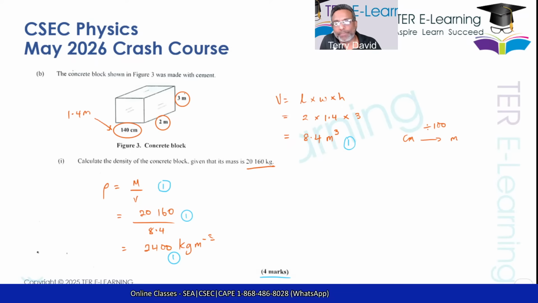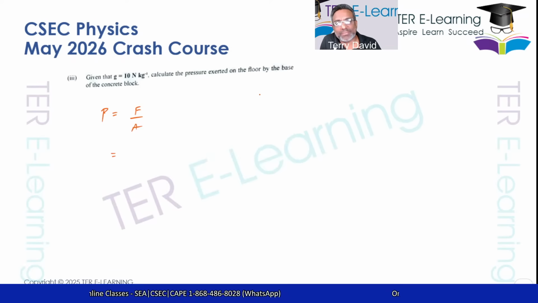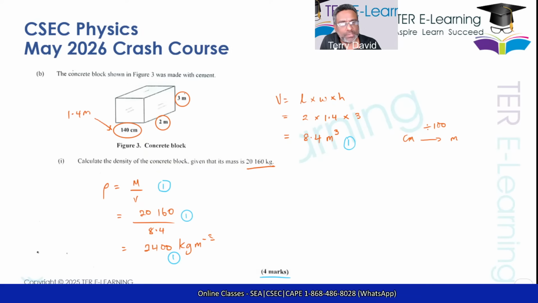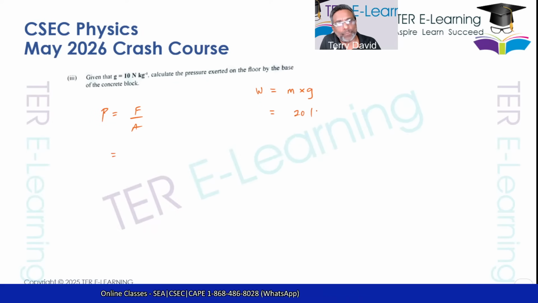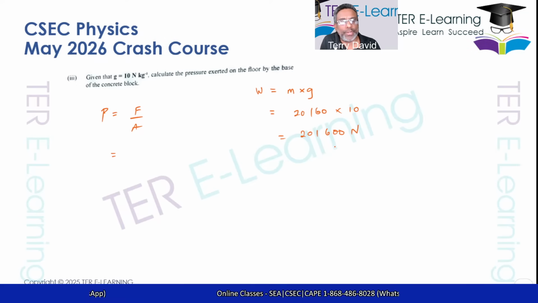If an object has mass, it is going to have a weight, which is given by mg. So we're just going to take the mass of the block, which is 20,160, and multiply by g, which is 10. So this is going to be 201,600 newtons. That's the weight of the block here, 201,600. And we're going to divide that now by the area.